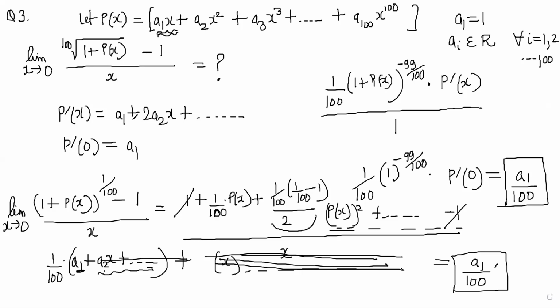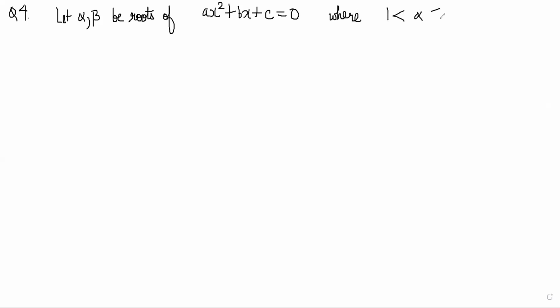Then the question is, okay. So the question is like this: let alpha, beta be roots of ax square plus bx plus c is equal to 0, where 1 is less than alpha is less than beta.